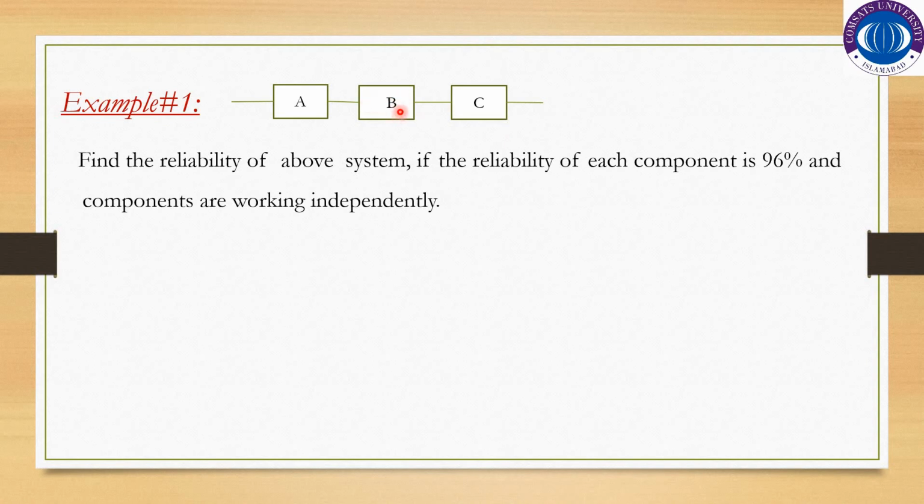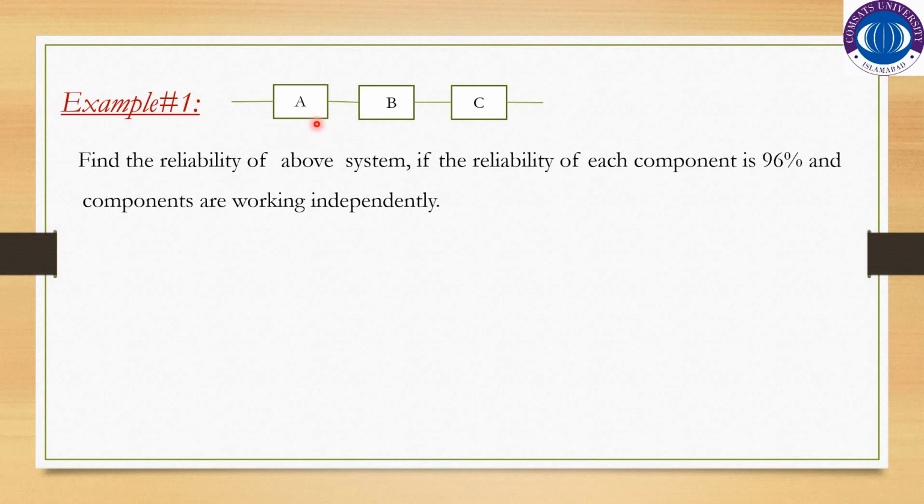But working of this component does not depend on any other component. Maybe we have some system in which A is working but B does not, and C is also working. Maybe A is not working but B and C are in working conditions. So working of components are independent.